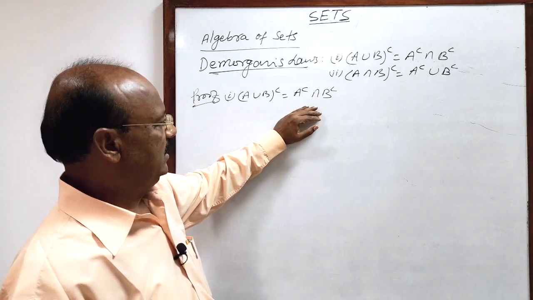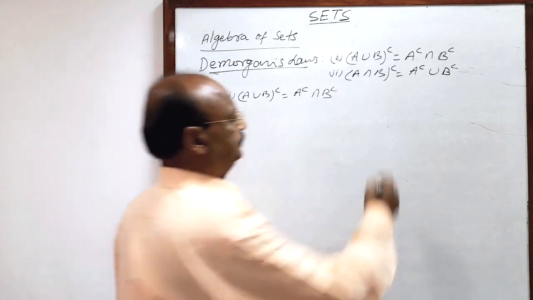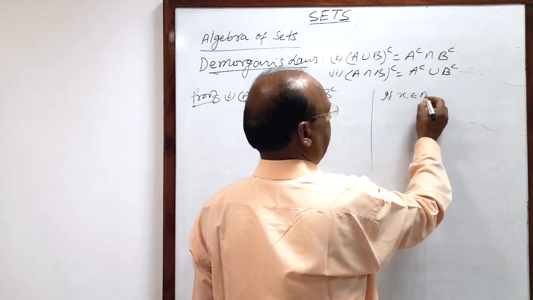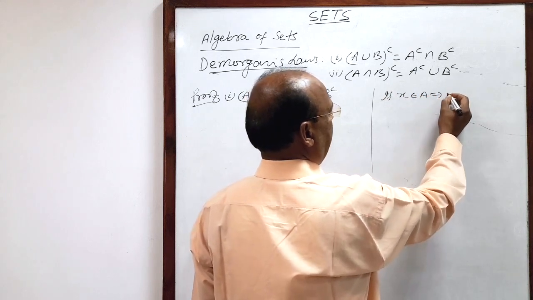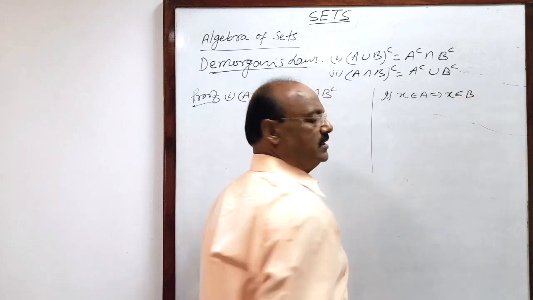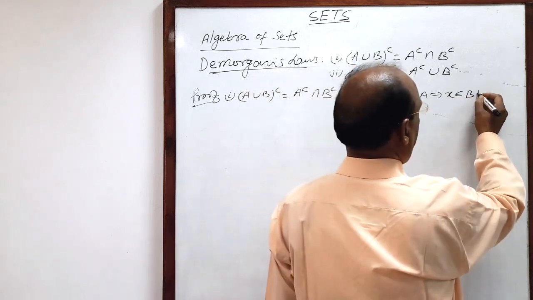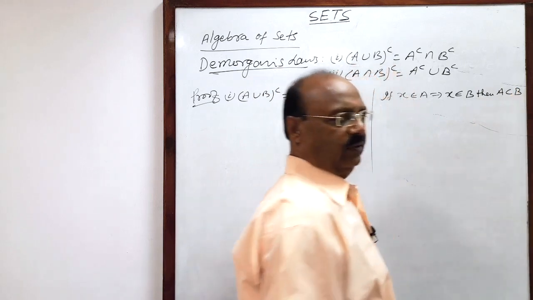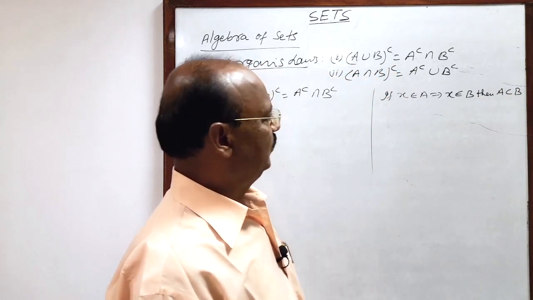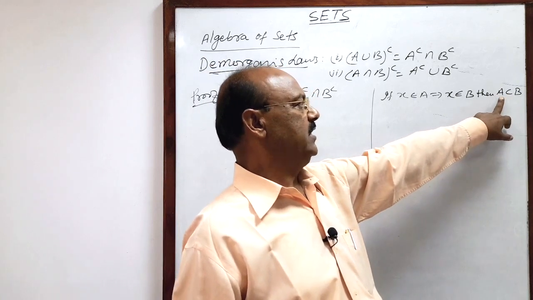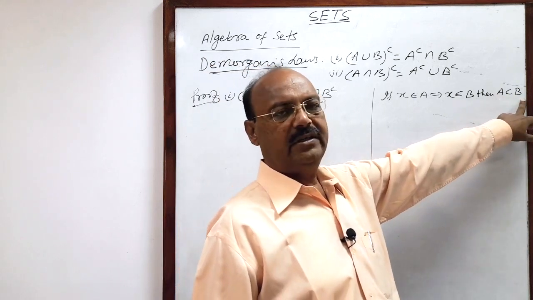The first property is: if X belonging to any set A implies that X belongs to another set B, then A is a subset of set B. We need to understand it. A is a subset of B means all elements of set A are available in set B.